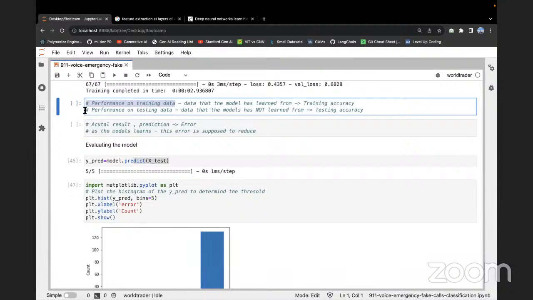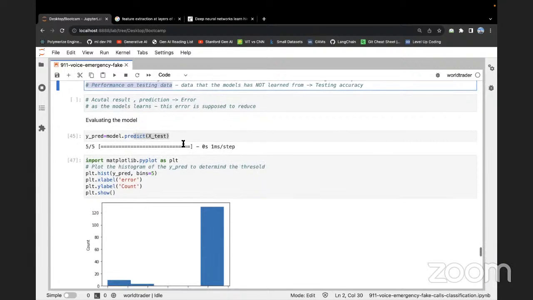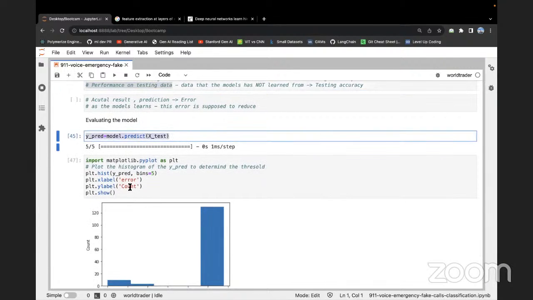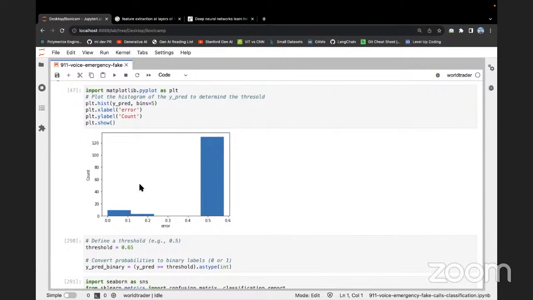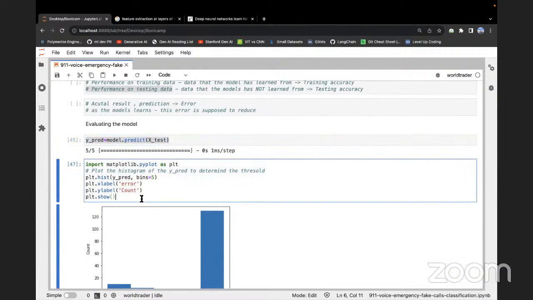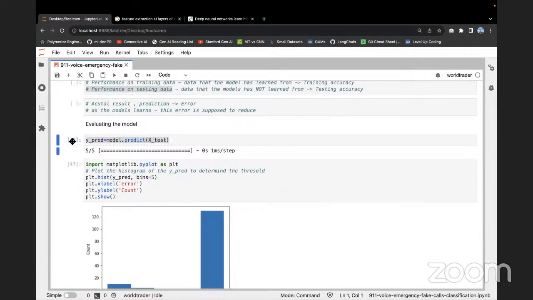But it will perform very poorly on the testing data because it has not understood the data, the logic. It has memorized the answers, and memorizing never works. So now I do a prediction on my test data and I see my errors, how much error I am getting from my model. So how do we know how much error we are getting? Just think about this.